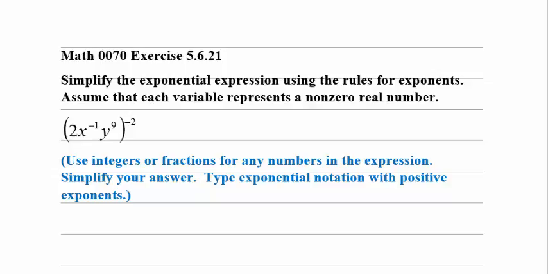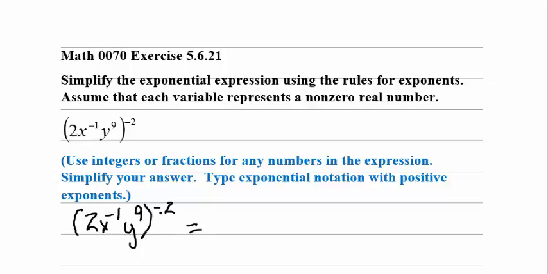Okay, so the first thing that I would recommend doing on a problem like this is step by step eliminating negative exponents. So we see that this whole expression, 2x to the minus 1 y to the ninth, is being raised to the negative 2 power.